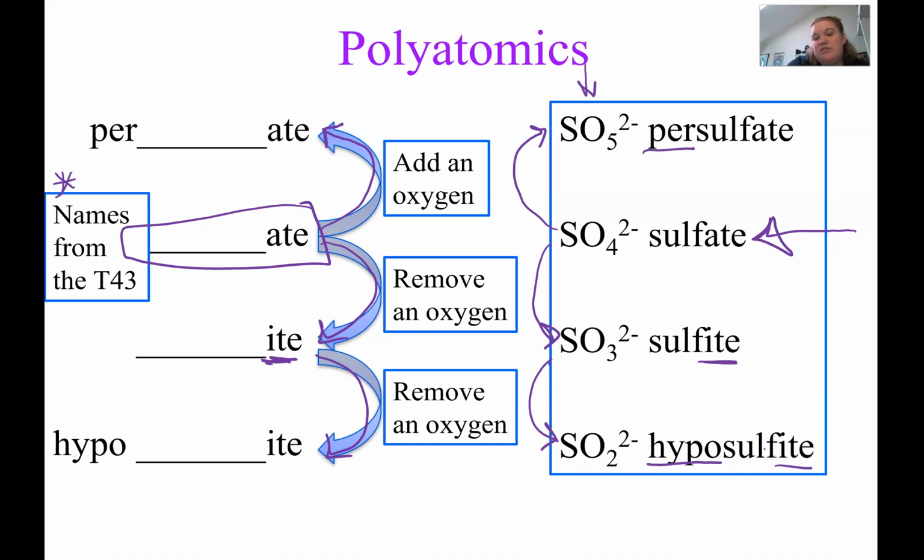hyposulfite. So if we start from the bottom, from the least amount of oxygens, and work our way up to the most amount of oxygens, we go from hypo-ite to ite to ate to per-ate. So the two extremes, the least and the most, have the prefix in the front, the hypo or the per, and then the two in the middle don't have that.